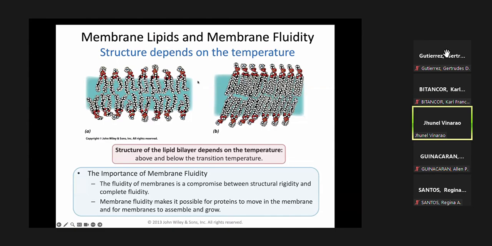If you have a fever of 42, that's already dangerous. So at 42 degrees Celsius, at physiological pH, in the chat box, what do you think will happen to your cell membrane? Will it be more liquid or more solid?